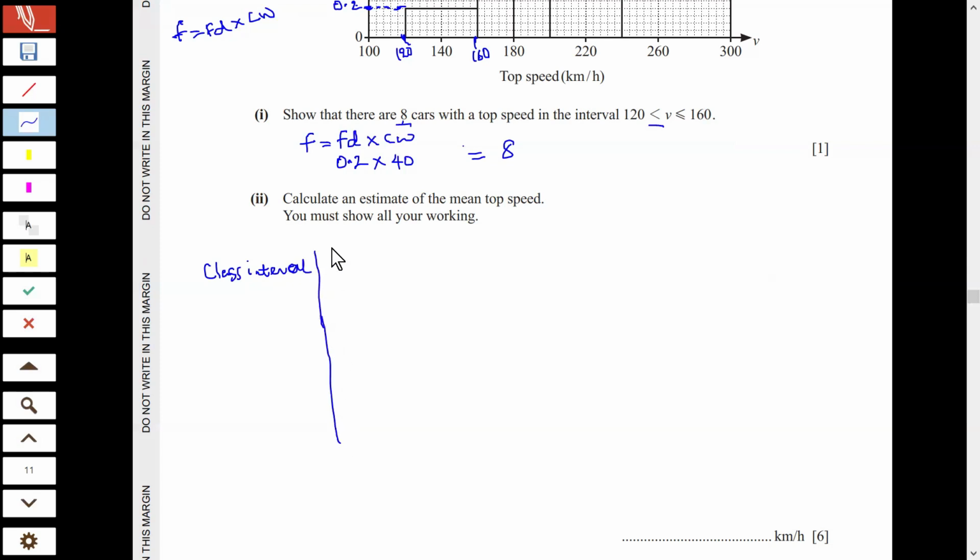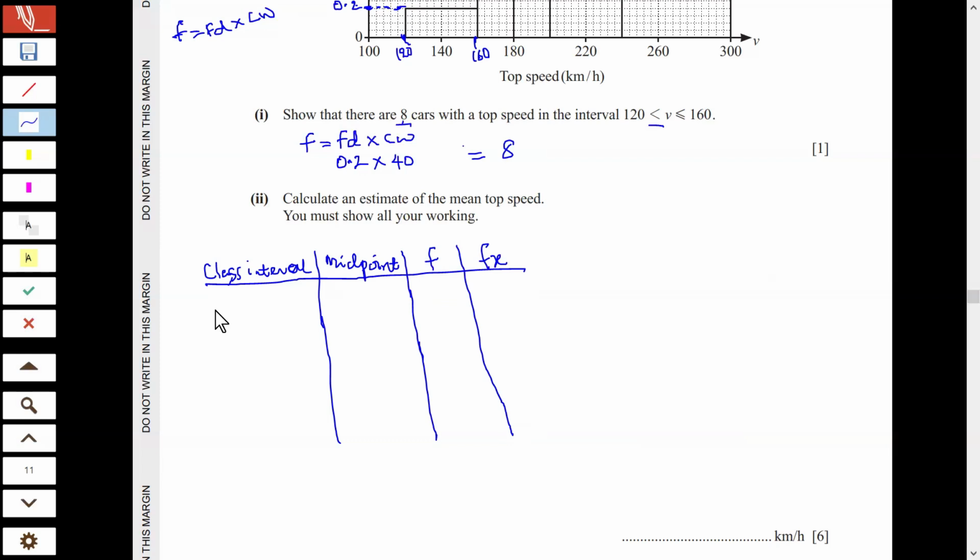We should have the midpoint, the frequency F, and we're going to have our fx. Now the class intervals, we can take these values from the graph.